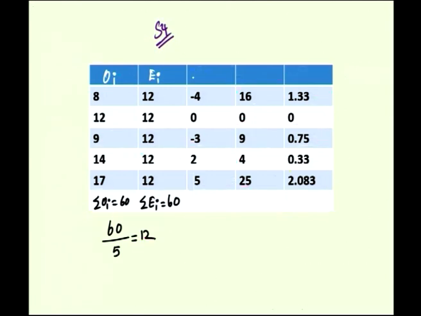The next column is OI minus EI, that is 8 minus 12 is minus 4, 12 minus 12 is 0, like that this column is formed. Then next OI minus EI whole square, so minus 4 square is 16, like that this column is formed.